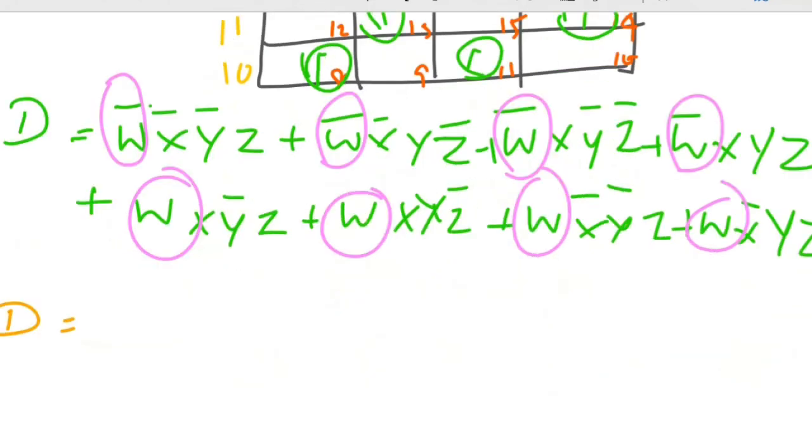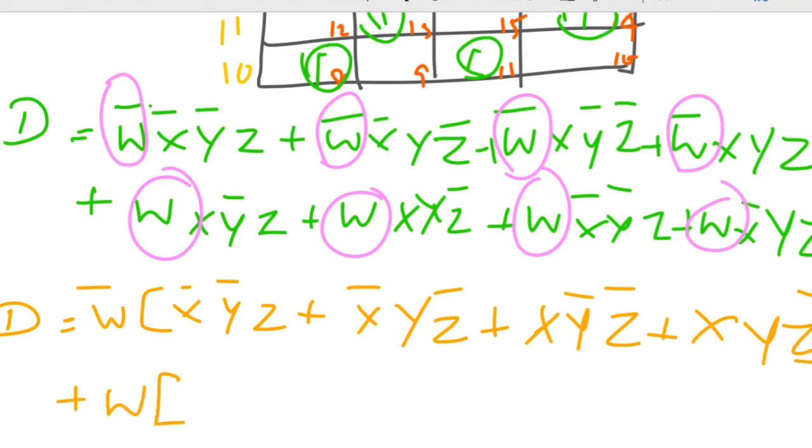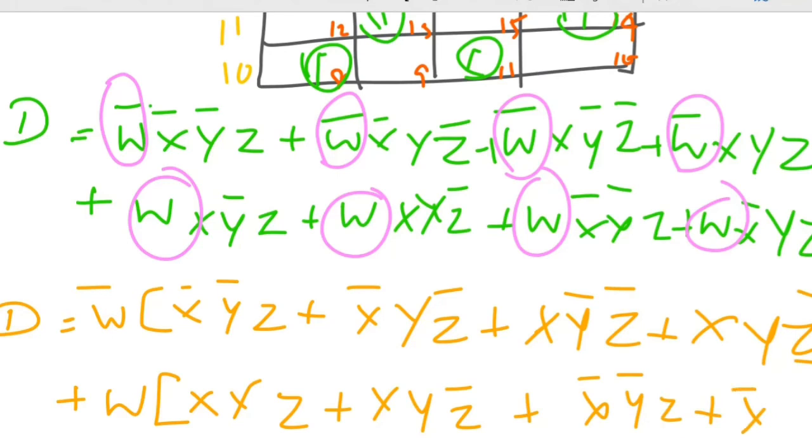So it becomes D equal to W bar (X bar Y bar Z plus X bar Y Z bar plus X Y bar Z bar plus X Y Z) plus W (X Y Z plus X Y Z bar plus X bar Y bar Z plus X bar Y Z).